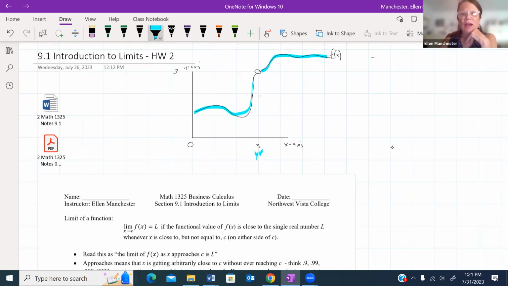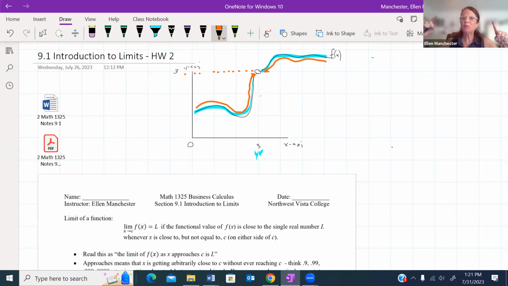For instance, with this graph, we can see from the left side that if I follow the graph with the orange, as I get towards x is 3, I'm heading towards y is 3, right? If I'm coming in from the right side, my graph's a little bit different, but I'm still heading towards the same value of y equals 3.